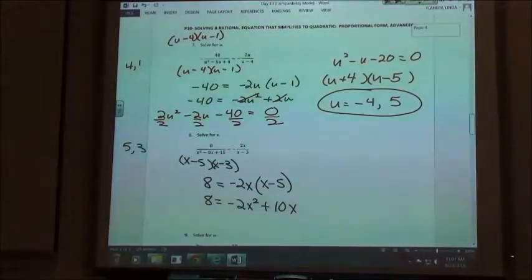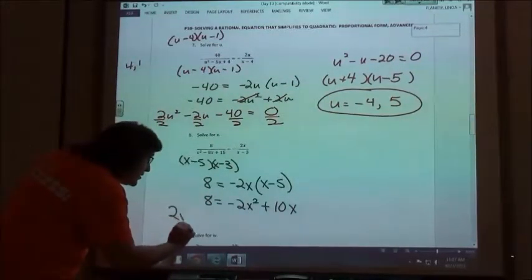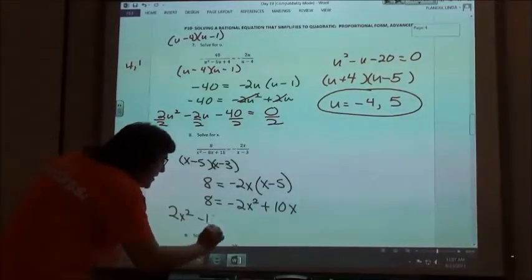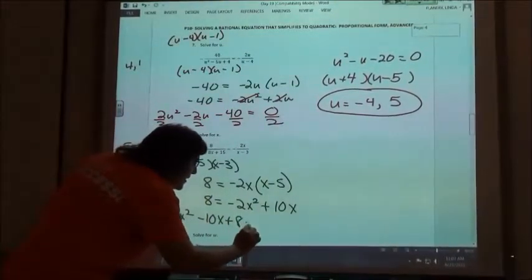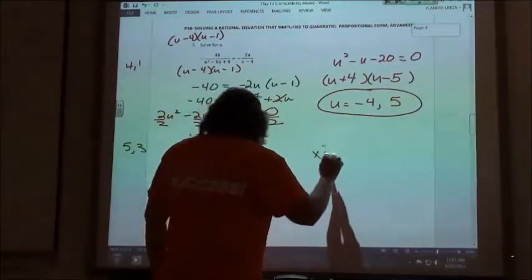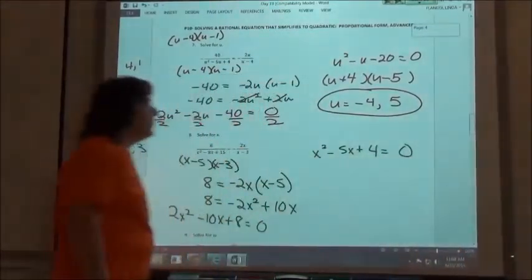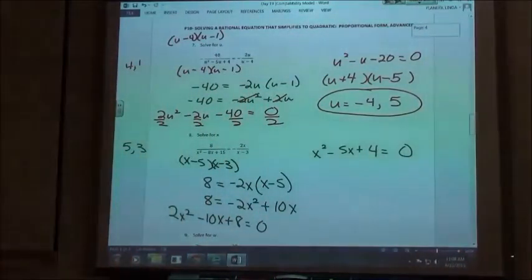And so if I set that equal to 0, I'm going to move them over to the left. So 2x squared minus 10x plus 8 would equal 0, right? And again, I can divide all of those by 2. So x squared minus 5x plus 4 would equal 0. That would factor into what?